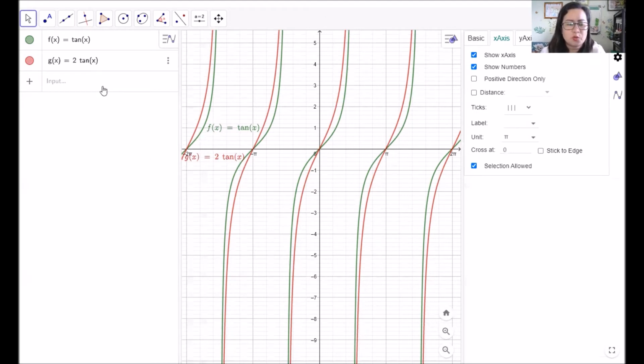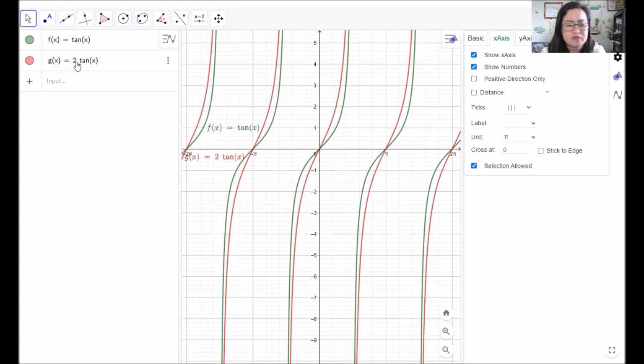Let's start when we have a equal to 2. When the value of a changes in the tangent function, we can describe that the graph of tangent x is stretched away from the x-axis.